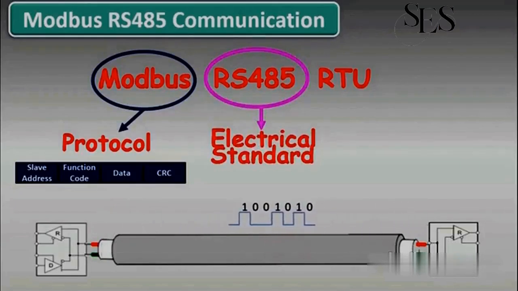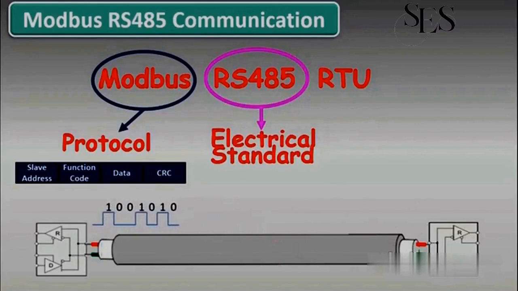It includes the electronic circuit, wires and networking scheme which we use in the communication. In the OSI model, it exists on the first two layers, that is the physical and the data link layer.